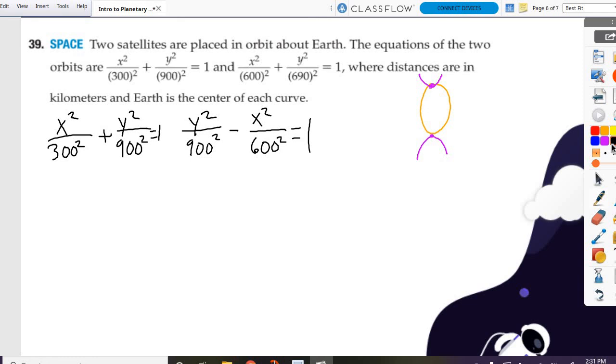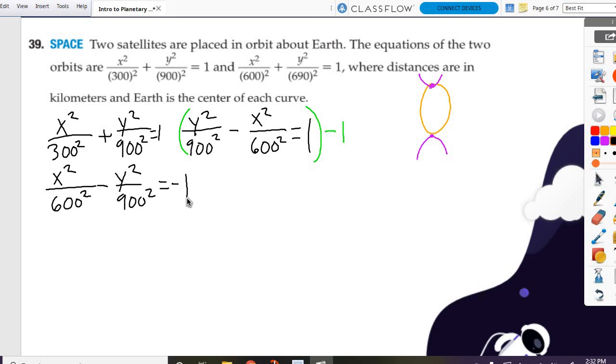So I'm going to multiply one of my equations, it doesn't matter which one, by a negative. So when I do that, I end up with a positive x squared divided by 600 squared minus y squared divided by 900 squared equals negative 1.